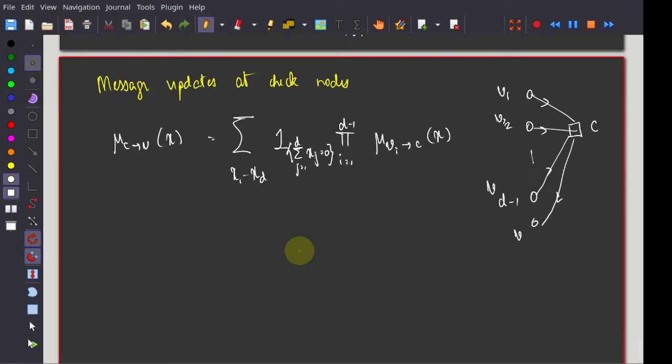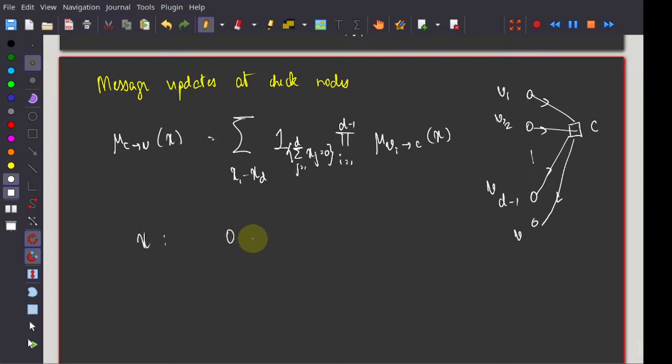I'm going to write this in a slightly different way. In fact, we're going to reparameterize even the x. Instead of viewing these as elements from 0 and 1, we will do the BPSK mapping. We'll map 0 to +1 and 1 to -1.